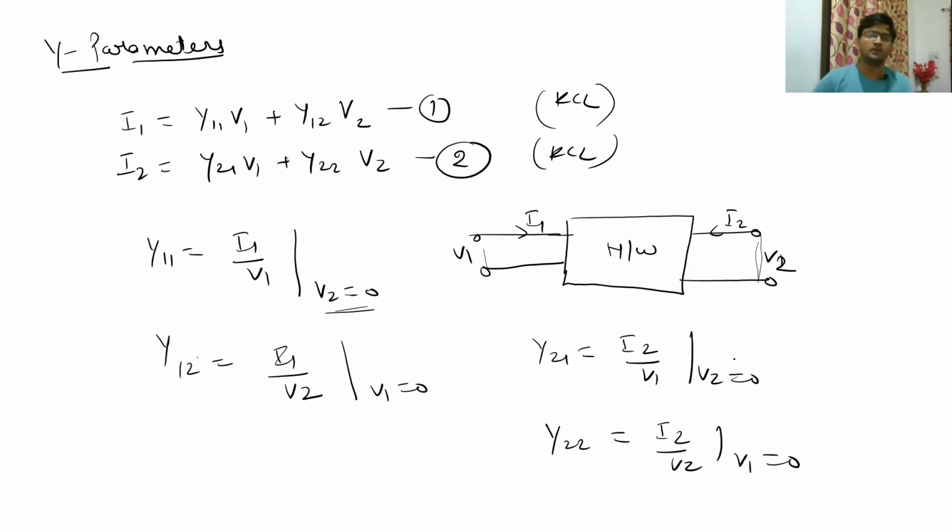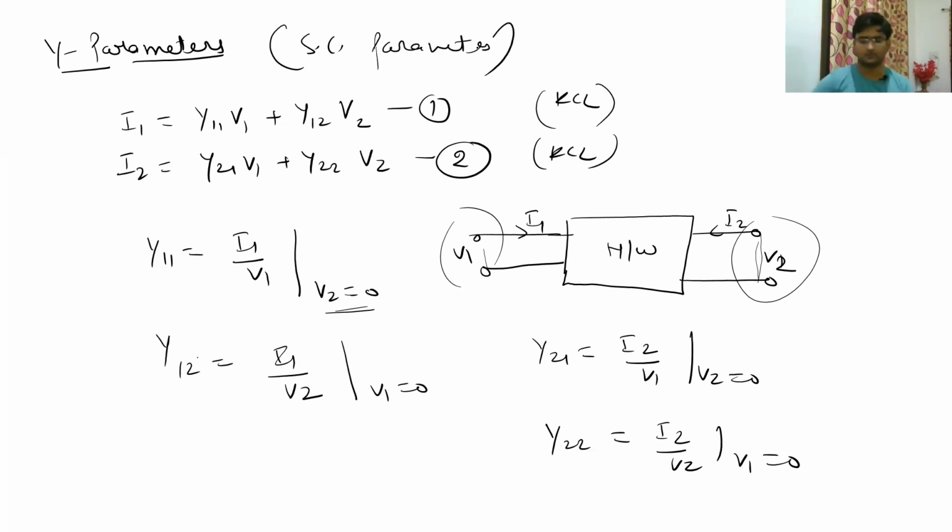As you can see, for calculating all these parameters, we are shorting either the first terminal or the second terminal. That is why the Y parameters are also called short circuit parameters, right? Like the Z parameters were called open circuit parameters, Y parameters are called short circuit parameters.